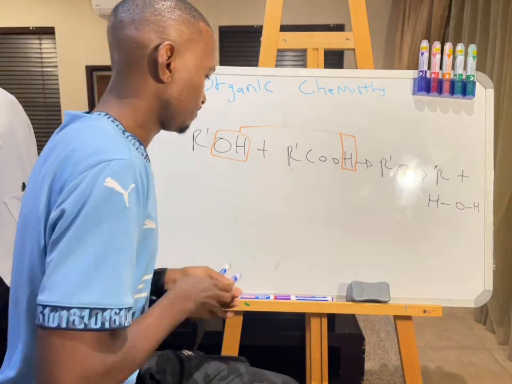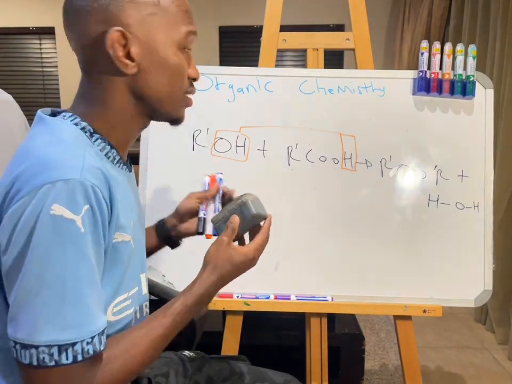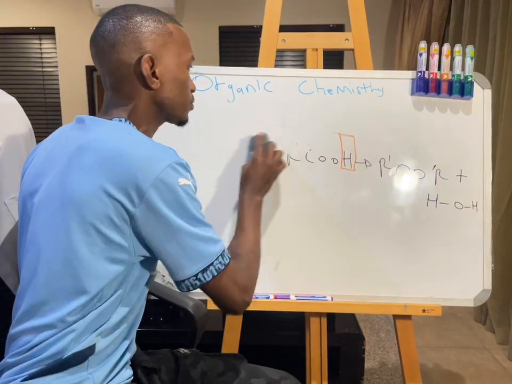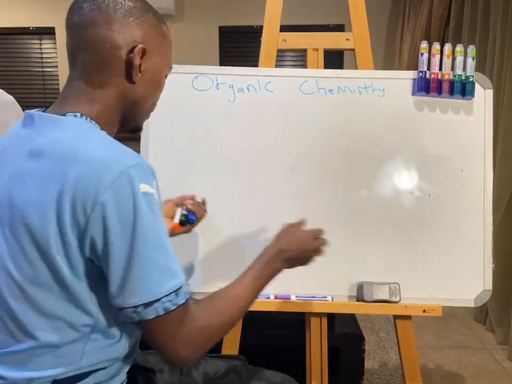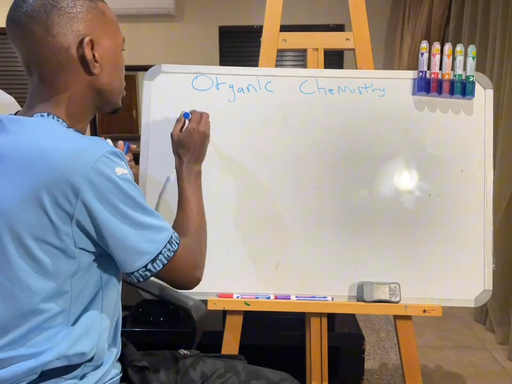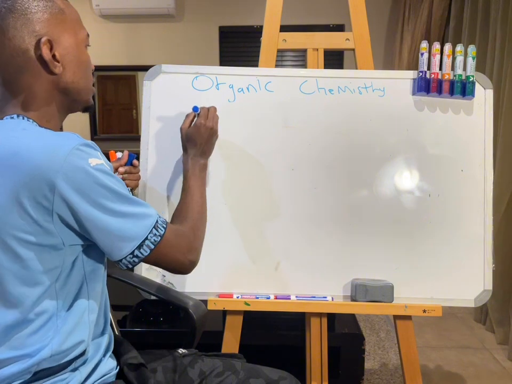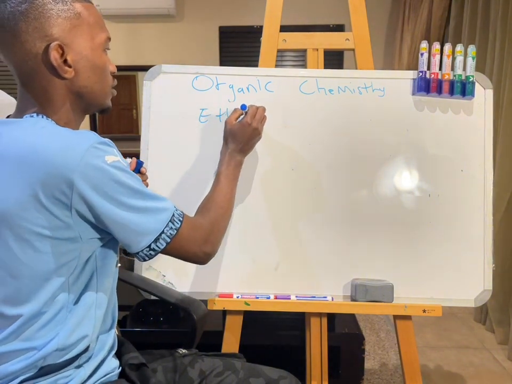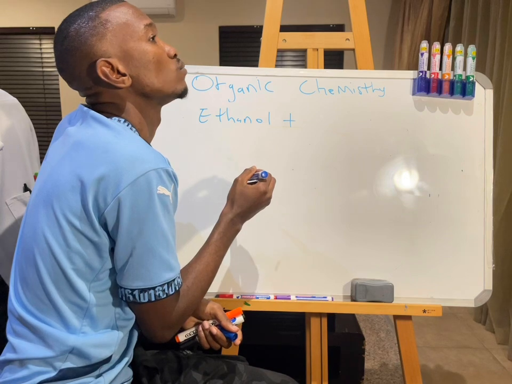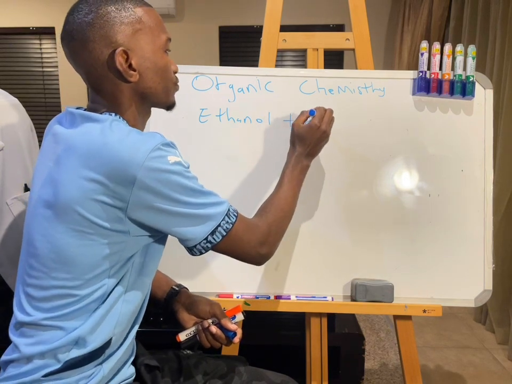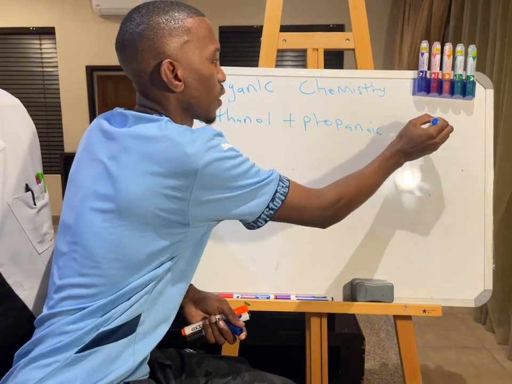Okay. Now, let's do it nicely because some people might not really understand this. All right. Let me say I have ethanol. Ethanol plus propanoic acid.